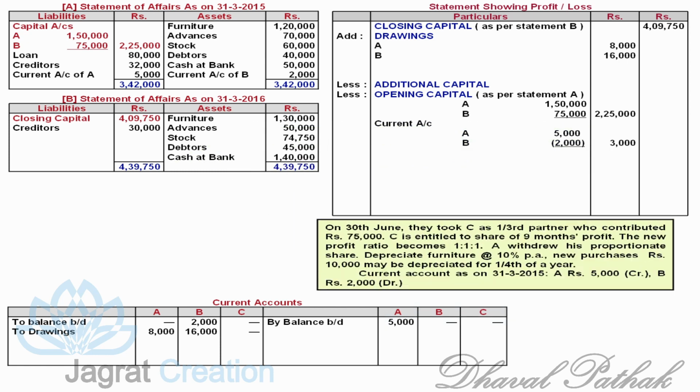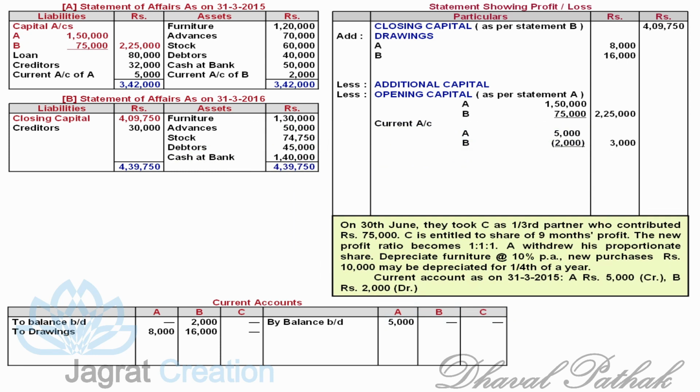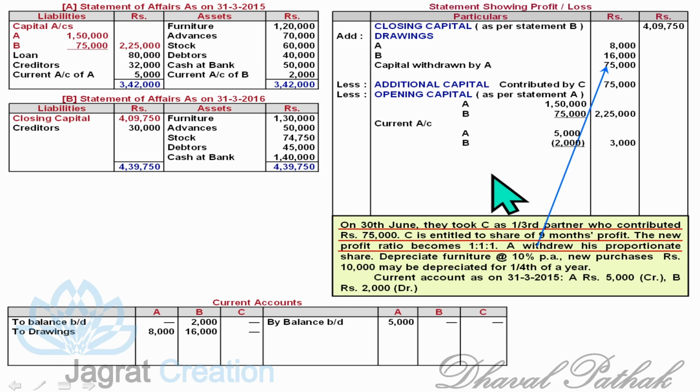Now I want to consider the additional capital brought by C on admission is 75,000 and that amount is withdrawn by A because he has transferred 1/3 share of his profit in favor of C. So additional capital brought by C 75,000 and it is withdrawn by A. So it is considered in drawing 75,000 and additional capital brought by C is recorded as additional capital.